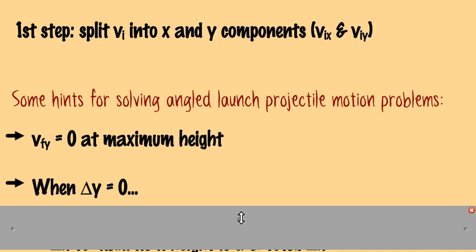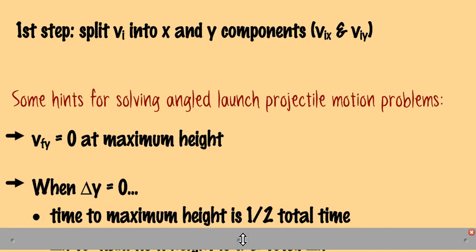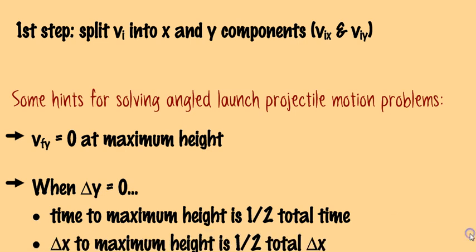When that's the case, there's a couple of important facts that we know. For starters, the time that it takes our projectile to get to its maximum height is half of the total time of flight. Also, the x displacement to the position where the maximum height occurs is half of the total x displacement.